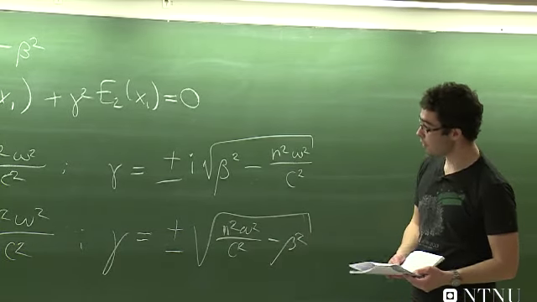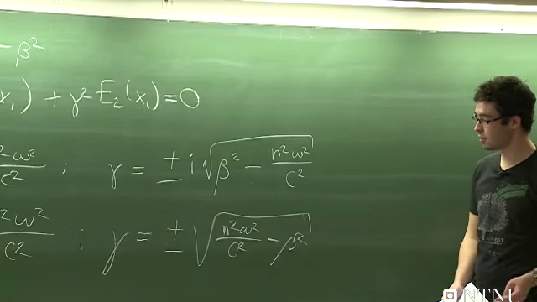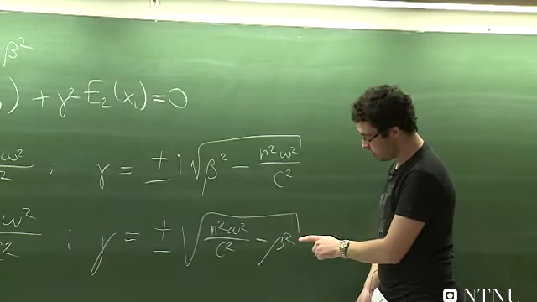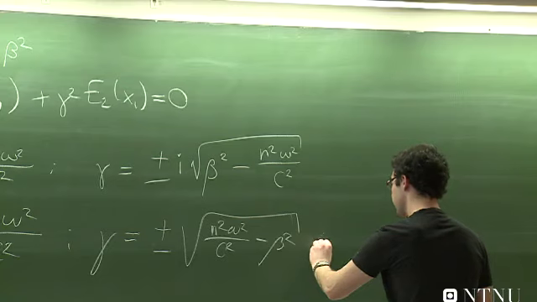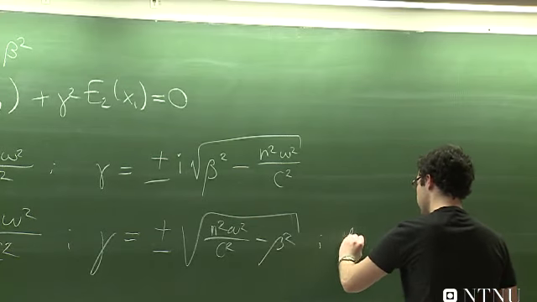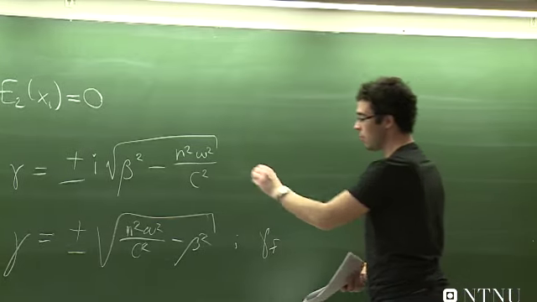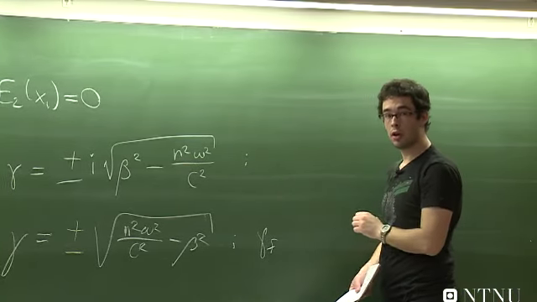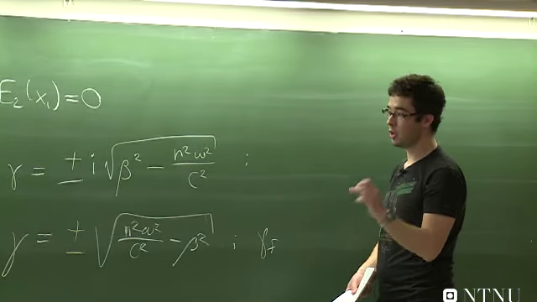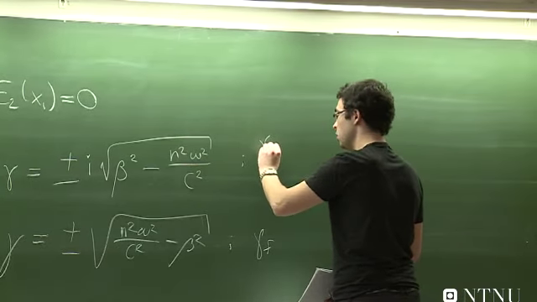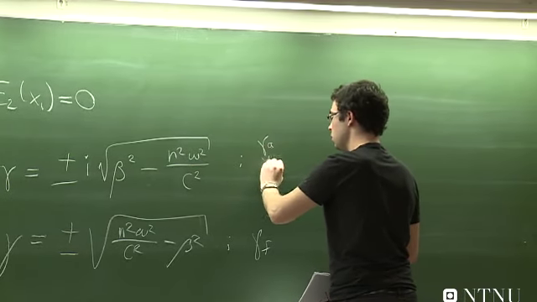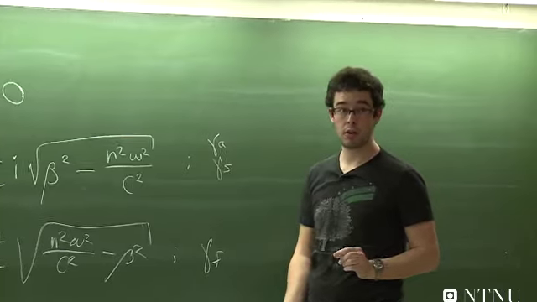Okay, so let's just reveal right away that we're looking for solutions where we have this case in the film. So gamma f, that's the gamma in the film. And we have solutions on this form in the air and in the substrate. So gamma air and gamma substrate, they should be purely imaginary.